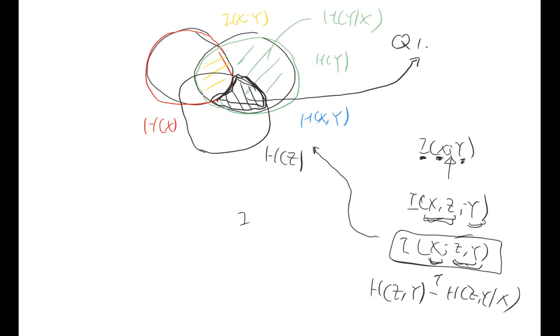Basically, let's say the red one is hx, the green one is hy, and the black one is hz here. hzy here is basically this one here, right?